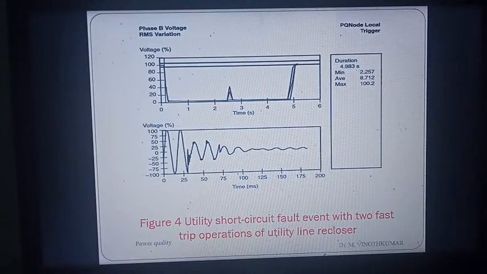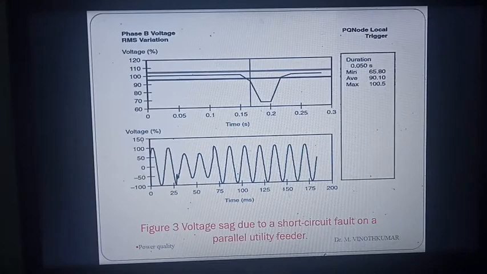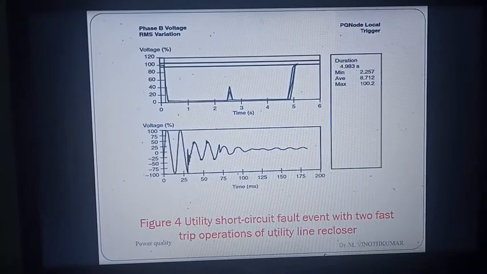This is another thing. Here there are two ways of representation. The first is the fault locations and their accountability in the particular system; we have taken two, this is the first location and this is another location in the particular utility.